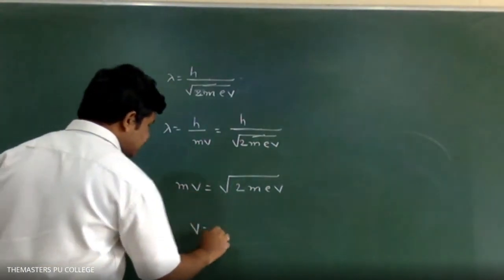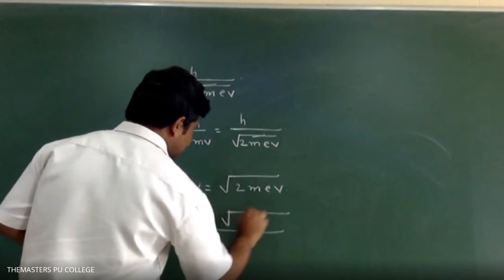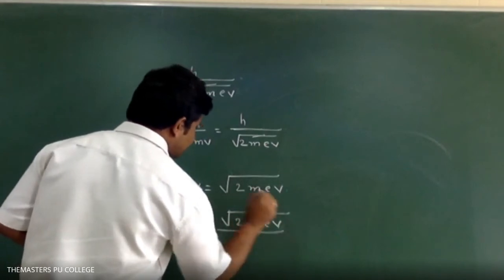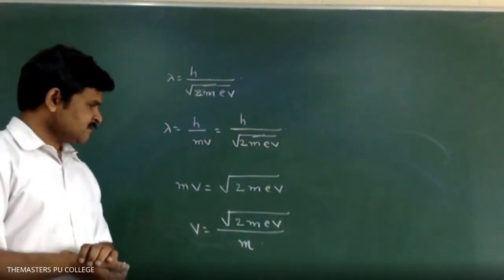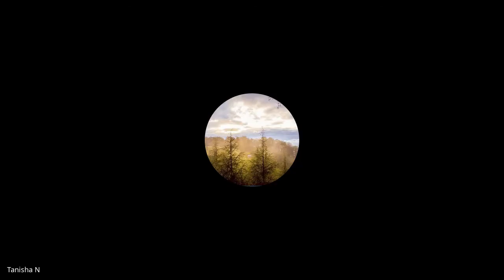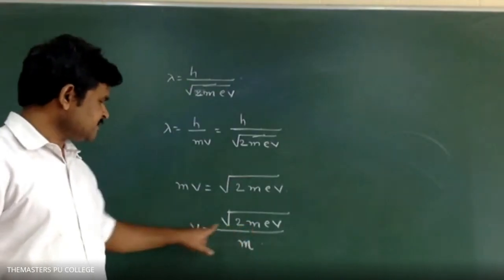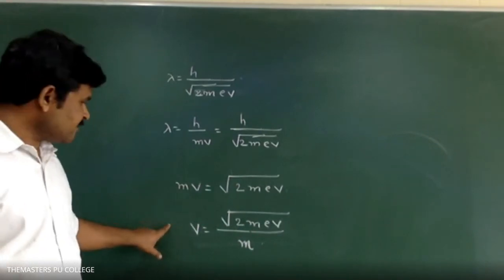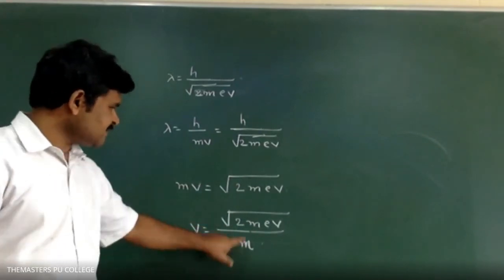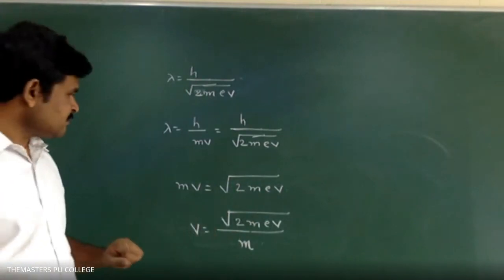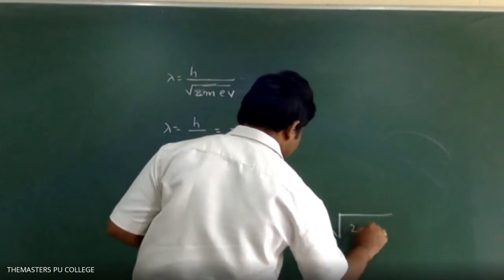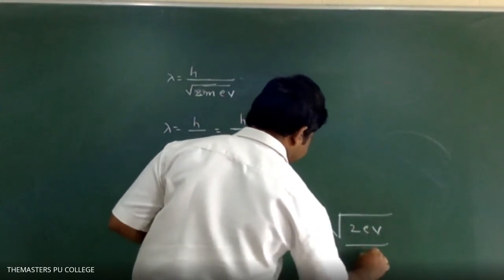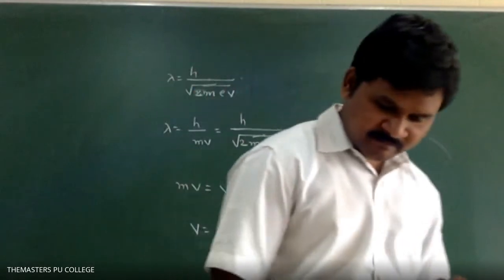Velocity is equal to root 2m eV divided by m. Simplify this: whole root of 2eV by root m, that is m into m, one m cancels, and root 2eV by m comes. So v is equal to root 2eV by m.